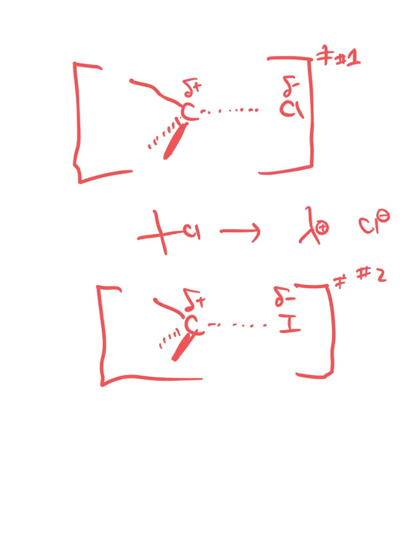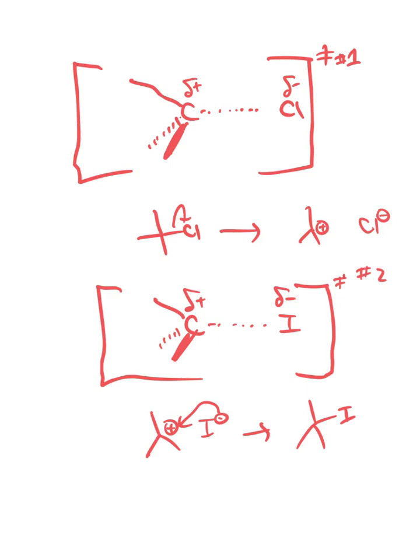It's going to look exactly like the transition state for the first one, because all we're doing is reversing the process we did. So here we're going from the cation and I minus to forming the bond to that carbon to give us the t-butyl iodide. So I has a partial negative, the carbon has a partial positive, and we go from there.